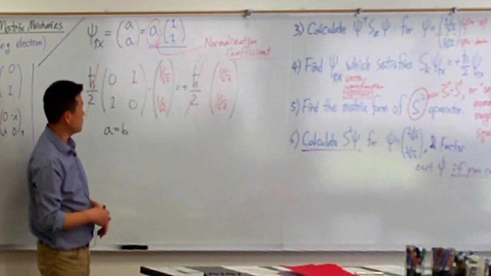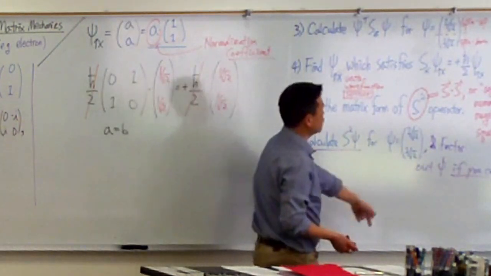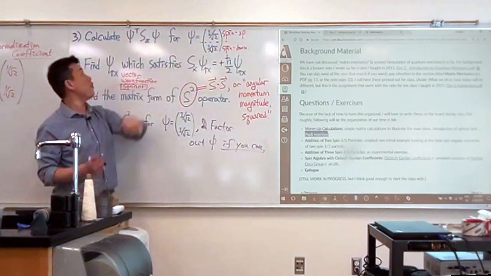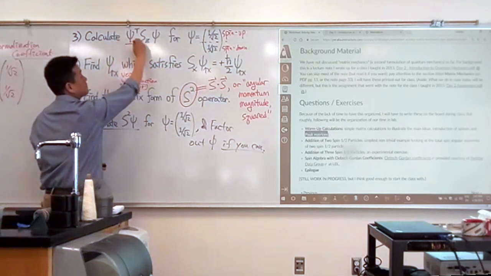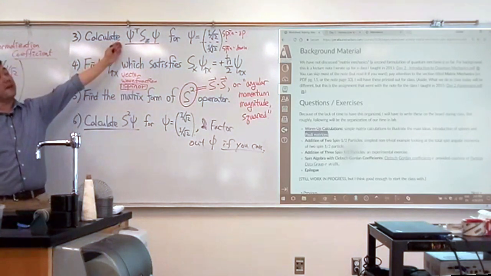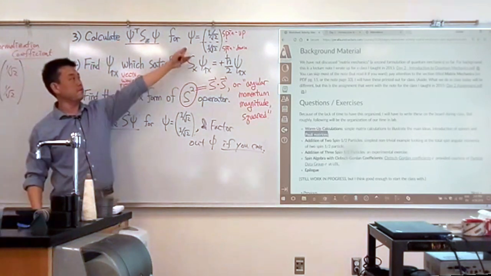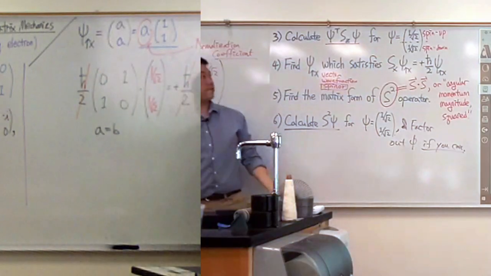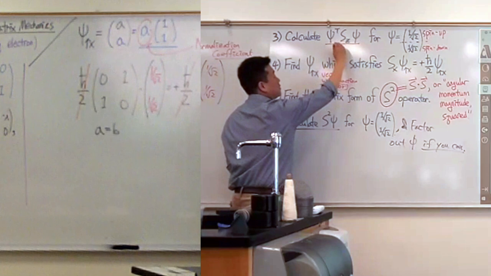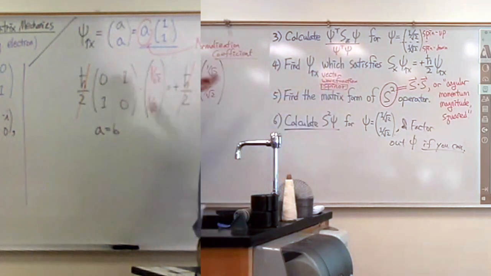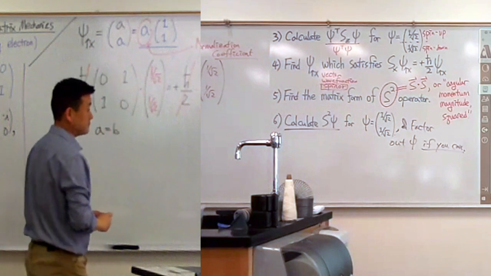So the reason this was written this way is that this is a normalized vector, so when you calculate this, it's automatically already the expectation value. If I gave you a vector that's not normalized, like this one, then you would have to divide by the dot product of the vector with itself so that the end result would be normalized.